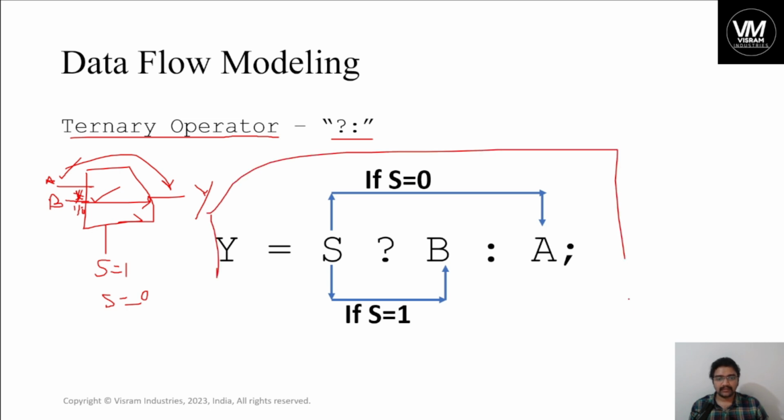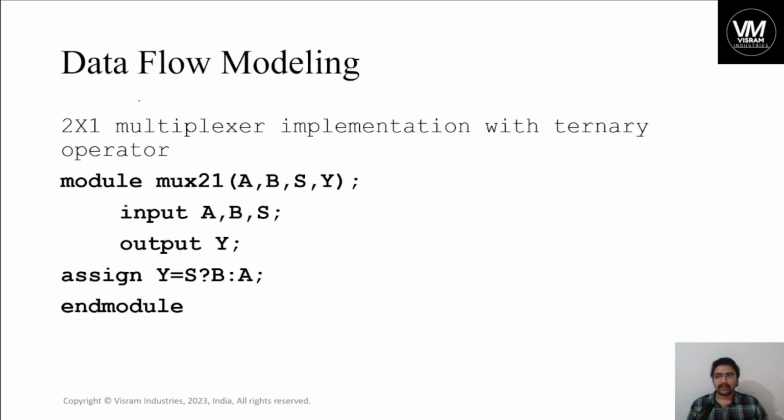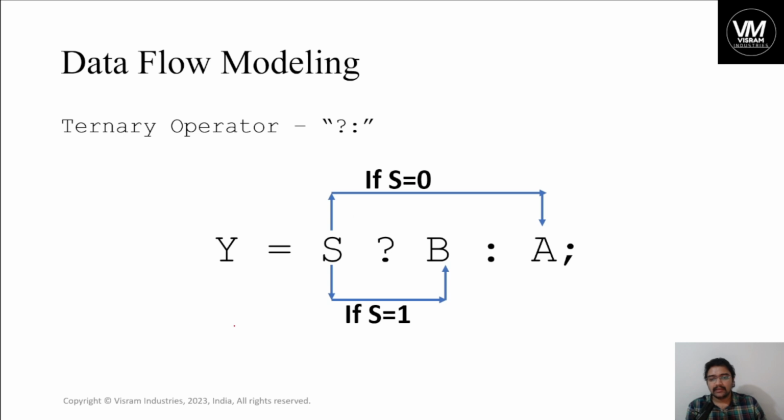Whatever you write, you need to assign this value as assign Y = S ? B : A. You will see this in the practical example in the code. Let us consider the 2x1 multiplexer implementation, which I explained in the earlier ternary slide.